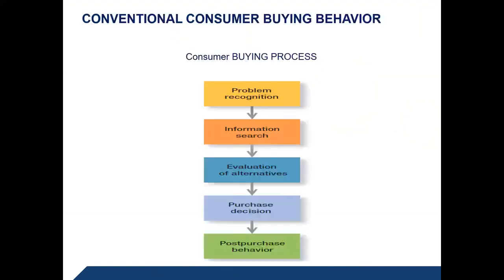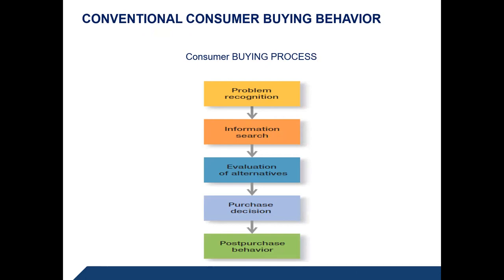can follow? So here is your typical consumer buying process, which you would have learned in your Principles of Marketing class. And you're no strangers to this. So it essentially starts with problem recognition, where consumers realize the need that they have to go out and buy a product.